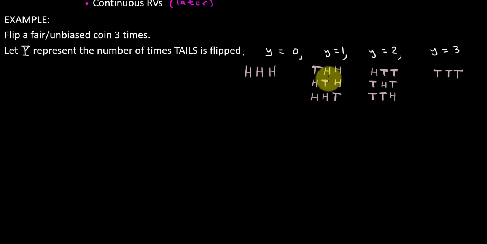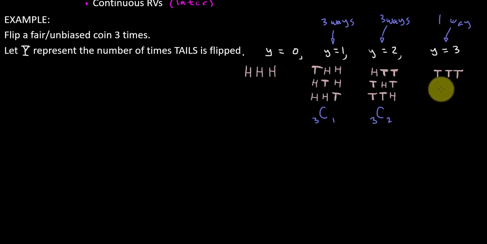I have hopefully hinted at what is considered a combination, right? There are three ways to get one tail, and there's also three ways here. Where did that come from? Consider 3 choose 2. 3 choose 1. And there's only one way for 3 tails out of a group of 3.